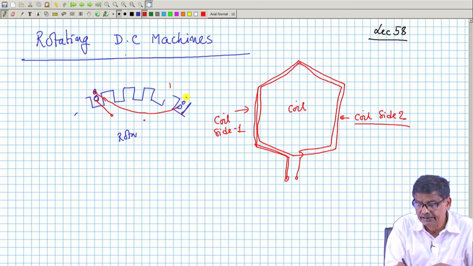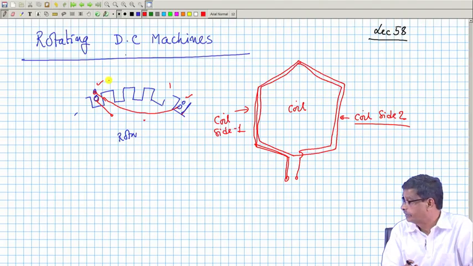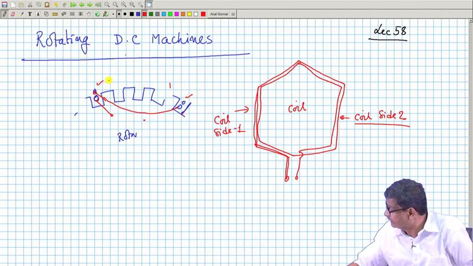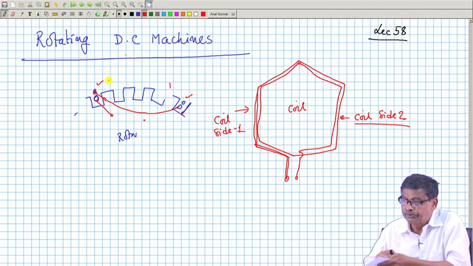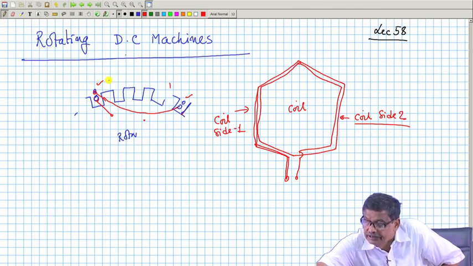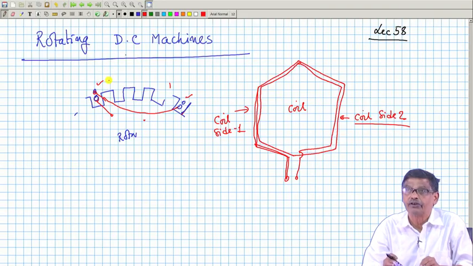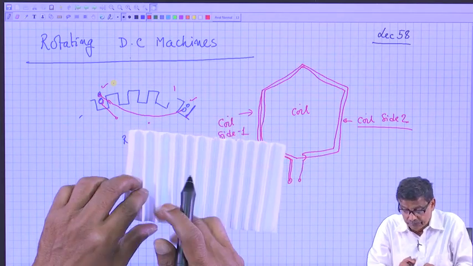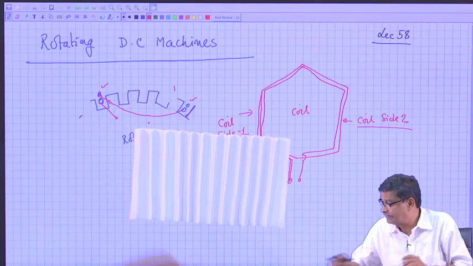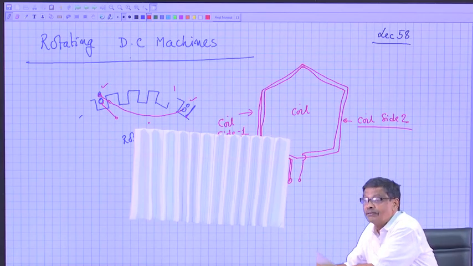In these two slots, suppose this coil is placed, it can be placed around that, and this can be understood in this way: suppose these are the slot and teeth, just a simple thing, and then you have a coil.